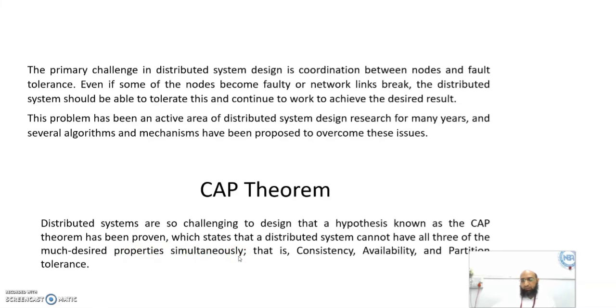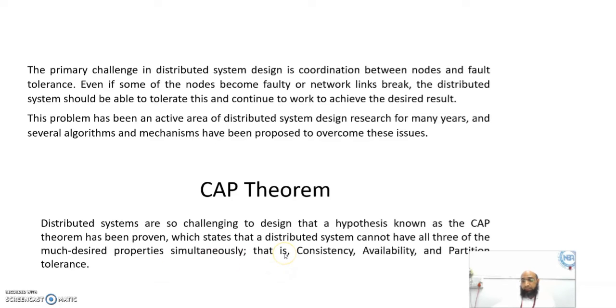What does it mean? When we see the ground reality, it is impossible for a distributed system to be consistent, and second, every time the data is available, and there should be partition tolerance. So these three are very important factors that make a system work properly.